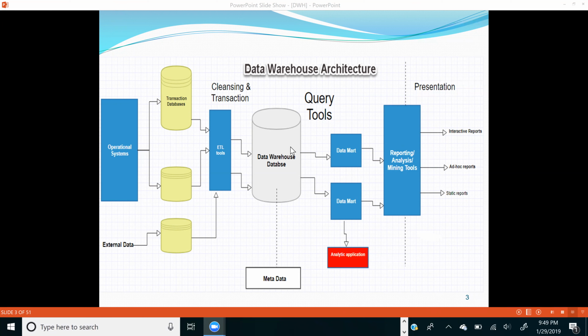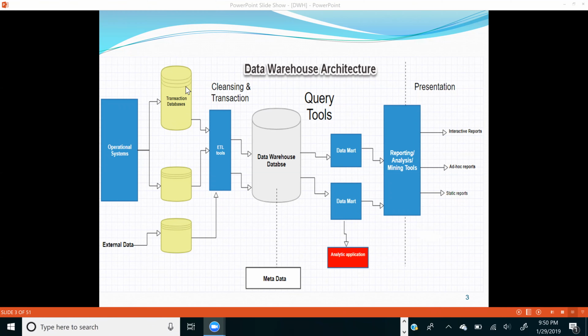Do you think that information will be present in your transactional systems? No. As I said, transactional systems store data for like 15 days, 1 month, or 3 months maximum. They provide a limit, like 100 GB or 500 GB.